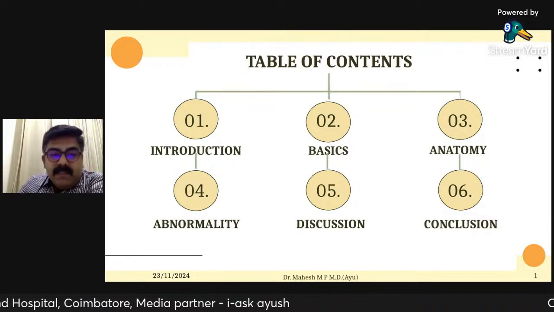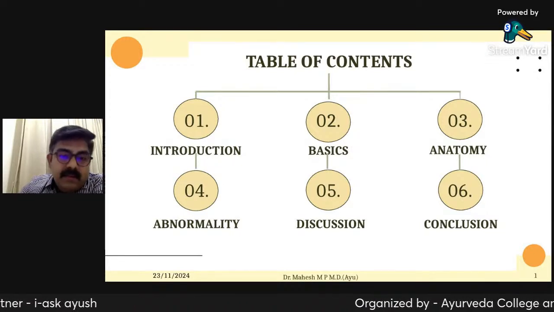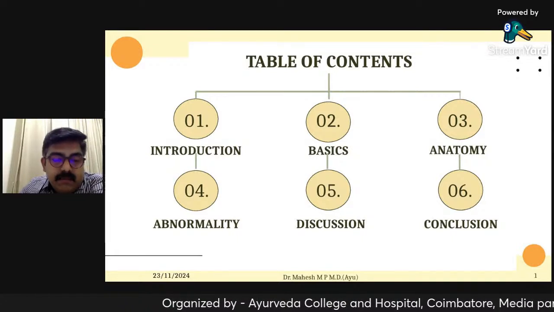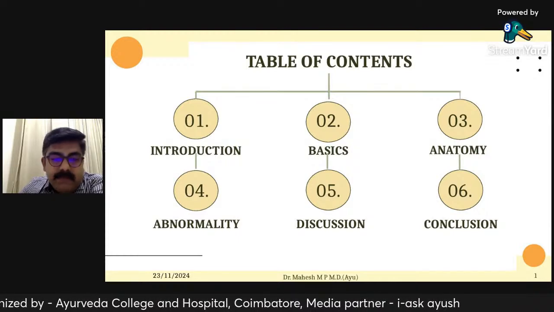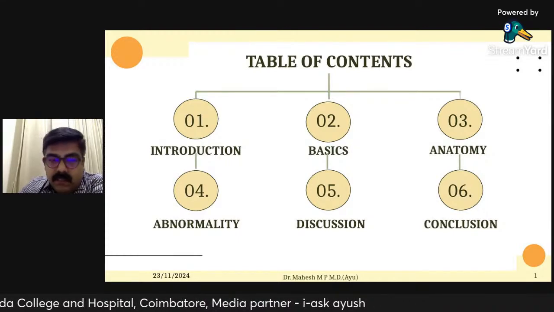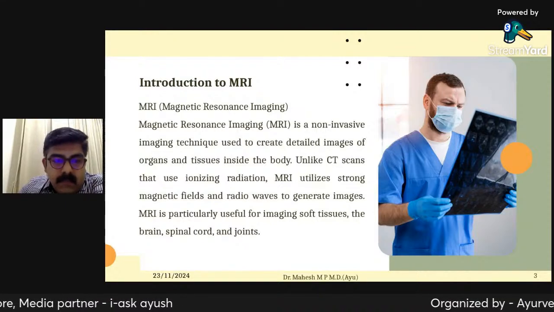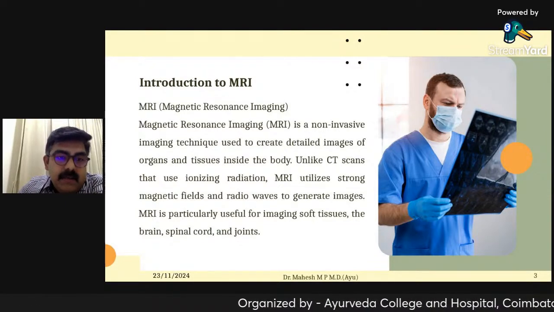We will be discussing the introduction to MRI, the basic mechanism of MRI, and a brief on the anatomy, abnormality, and artifacts, and then discussion and conclusion. First of all, MRI, magnetic resonance imaging.